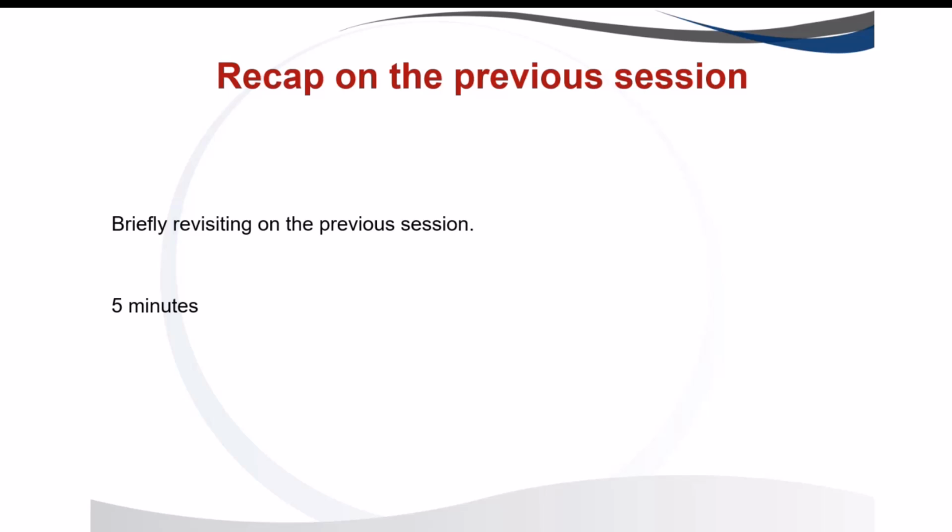In the previous session, we tried to understand the concept of research design and also the concept of research methodology. Based on our understanding, we came to a conclusion that a research design is more of an outline of how the investigation will be conducted. Basically, it's a framework or a plan.